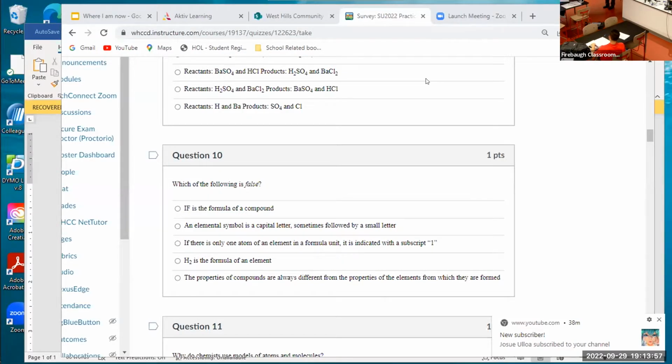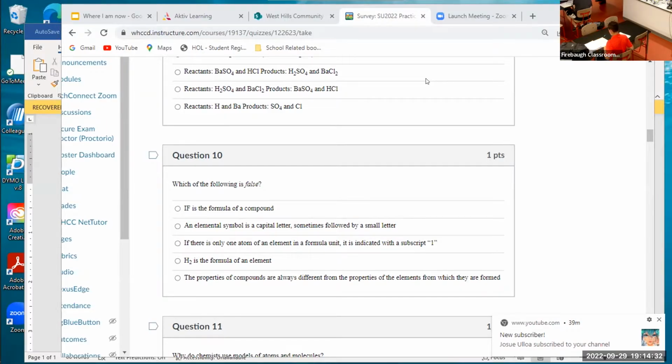Okay, so the second question. We know that the first one is true, right? The second one says an elemental symbol is a capital letter, sometimes followed by a small letter. An example is Cl, right? So that's true.